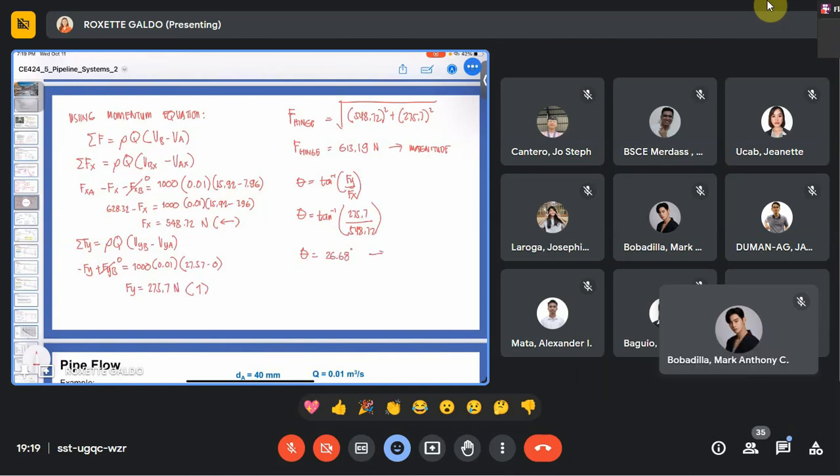So this is the direction of the force. Those were the things being asked in the problem. So we are now done with sample problem number 1. Do you have any questions so far? Okay, none. So if none, let us continue the discussion.